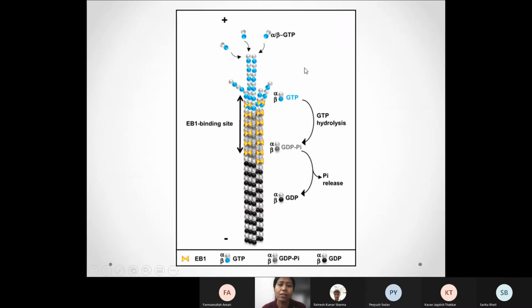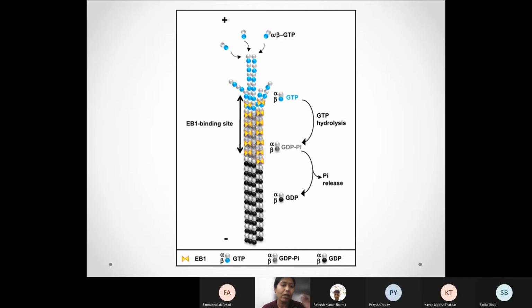What is now thought is that you have this end of a microtubule where polymerization events are occurring, and then you have a certain region where the GTP has been hydrolyzed, but again, like actin, just take the analogy of actin.